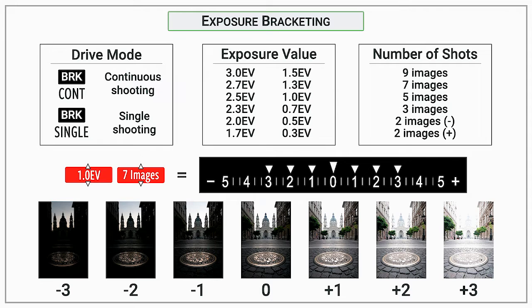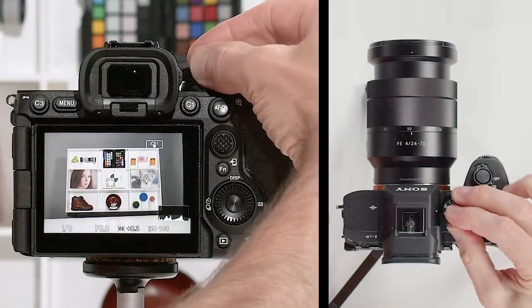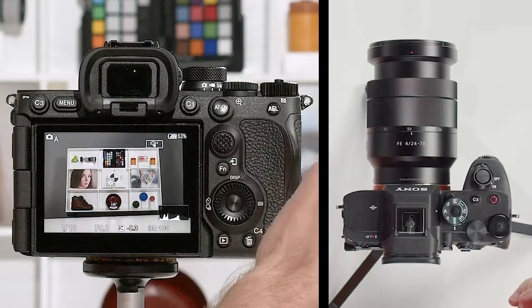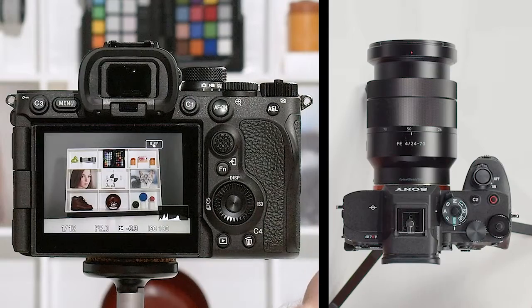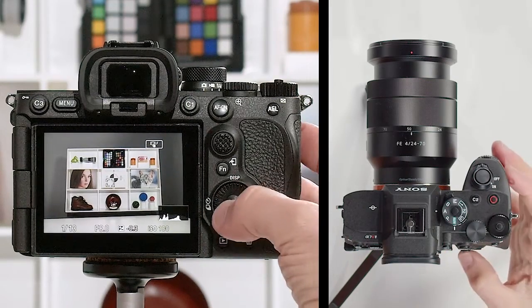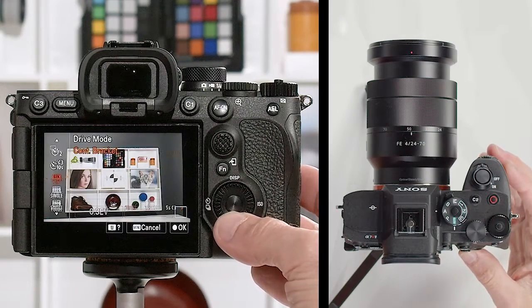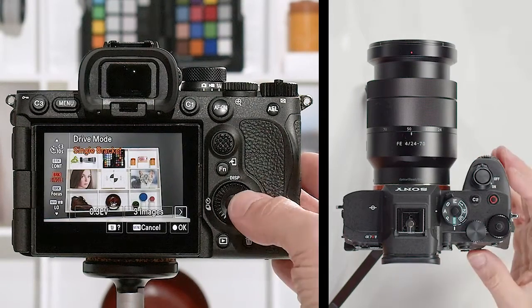Let's go ahead and do an example of this, and I'll set the camera up for doing a bracket series. Now to start with, I'm going to put my camera in aperture priority. As I say, that's my favorite mode for doing bracket stuff. We're at F8, which I think is pretty good. We're going to go into our drive, and we're going to come down to the bracket options. I'm going to do a single option to start with.